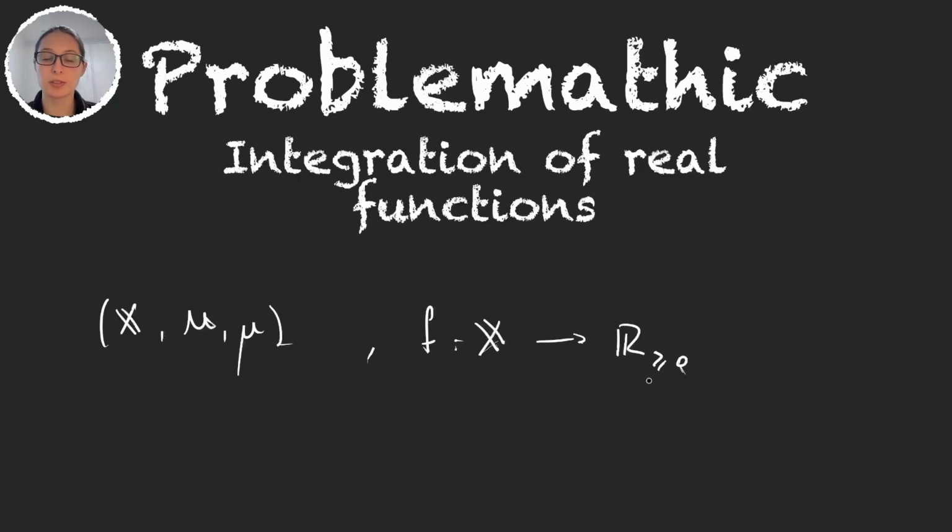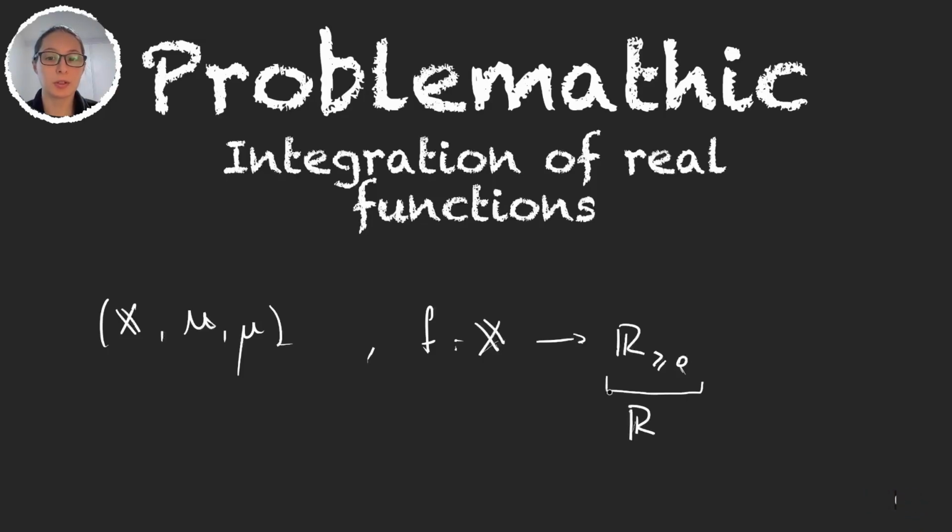So we were only considering functions for which the image was a non-negative number. We defined the integral of these functions and worked with a few convergence theorems that were going to be helpful to determine if a function was integrable or not. But we want to extend this definition to functions that can be negative or positive.